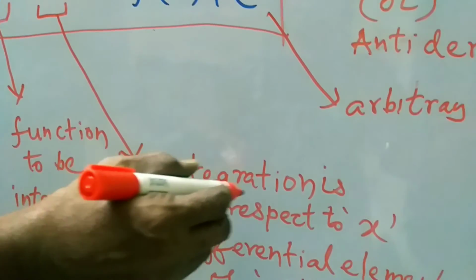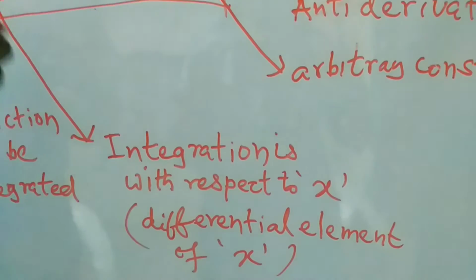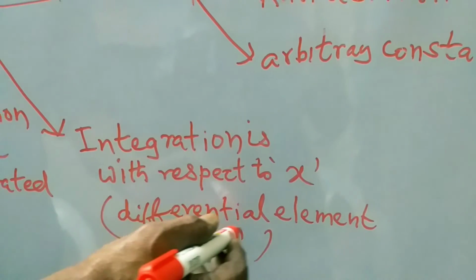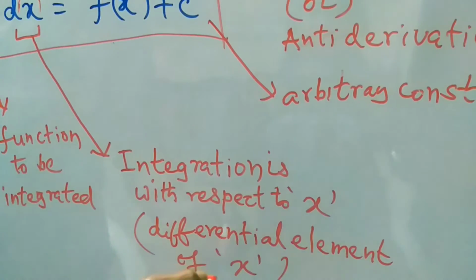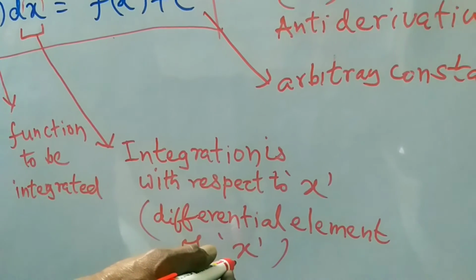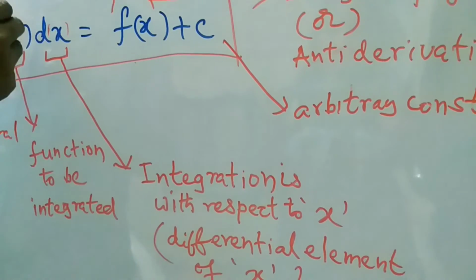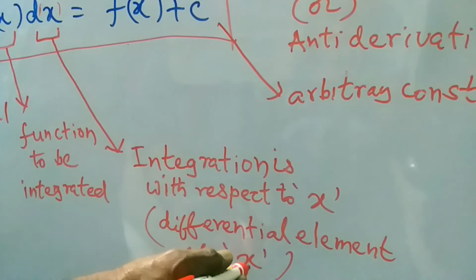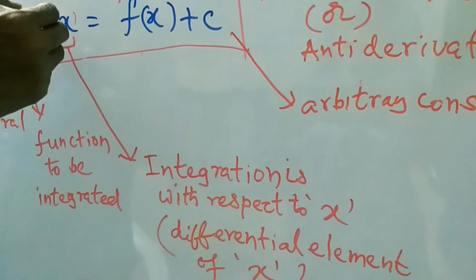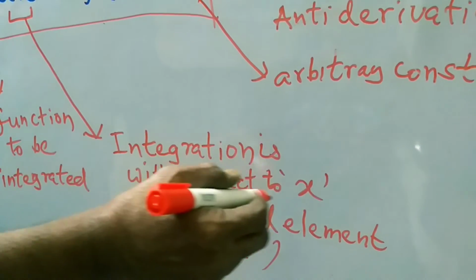So integration is with respect to x, and this is the differential element of x. Sometimes it is the differential element of y or of z. Whenever z is given, it will be the differential element of z, and the integration is with respect to z only.